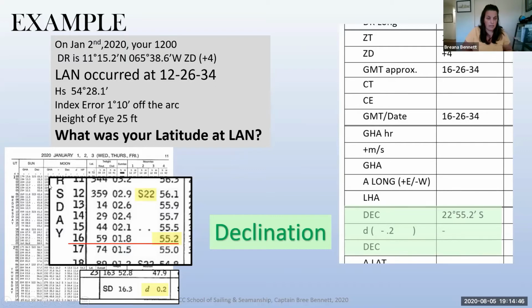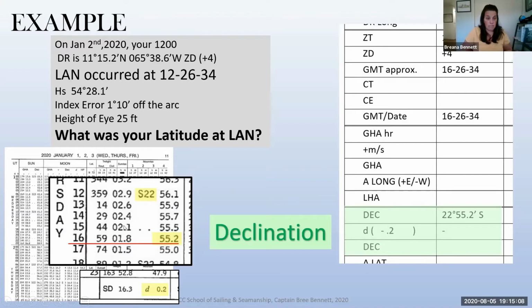Because I was already on my daily pages, I go in for my declination, and I get 22 degrees, 55.2, and then my little d is going to be minus 0.2 because I'm getting less and less on my declination.